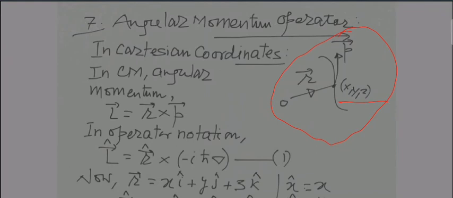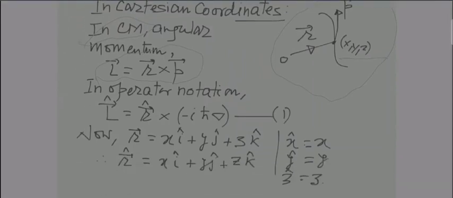In the center of mass reference frame, angular momentum L vector is equal to r vector cross p vector. Such is your angular momentum.